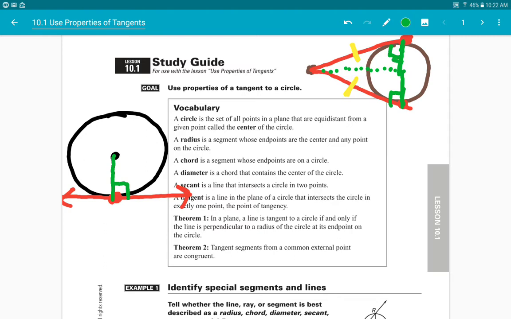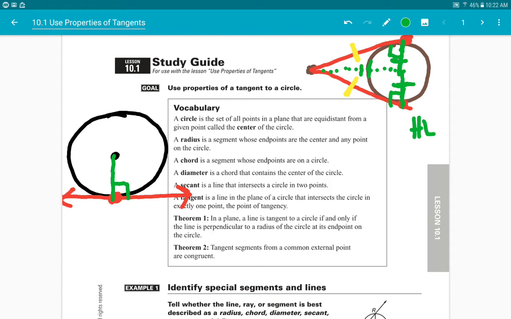Because all radii from a circle are going to be congruent to themselves, and this is reflexive, and that's the hypotenuse, that's the leg, so we have HL. And HL here gives us that theorem. So again, what we need to know is that any point on the outside of a circle, if there's two tangents drawn from them, those two tangents are going to be congruent in length. That is a lot of the information from this section.